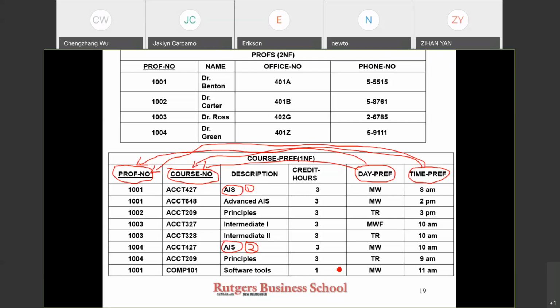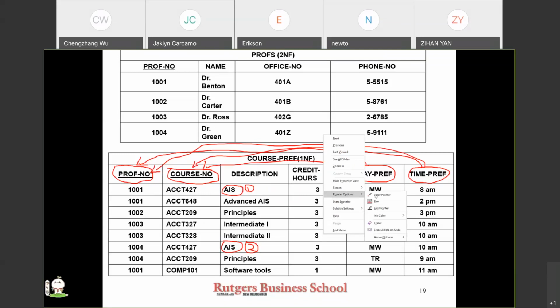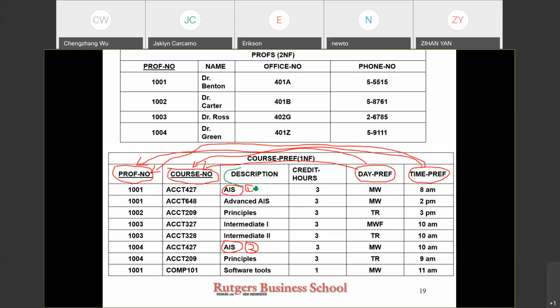So, formally speaking, these two attributes are functionally dependent on only one key attribute, course number. So this is the cause of these data anomalies.